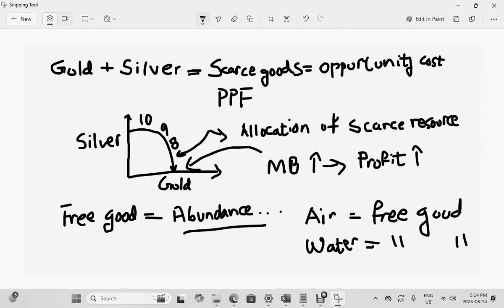On the other side, when it comes to air or water, you do not have an opportunity cost, because they're available in abundance for everybody. So a free good has no opportunity cost. That's basically it when it comes to scarce versus free goods.